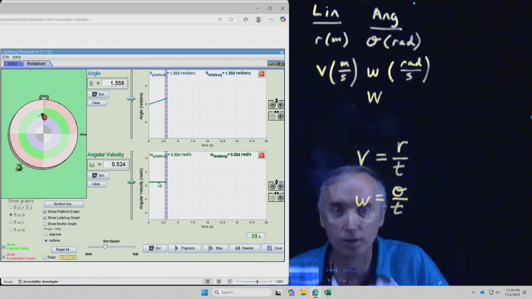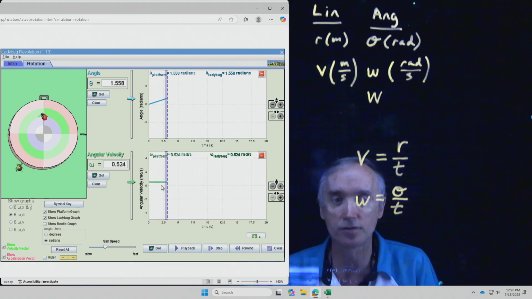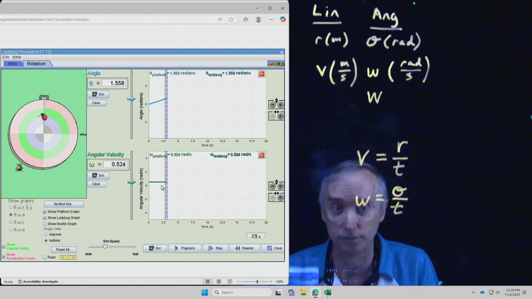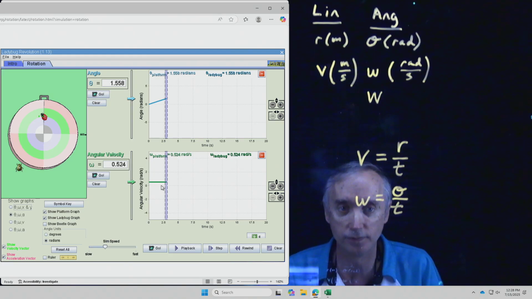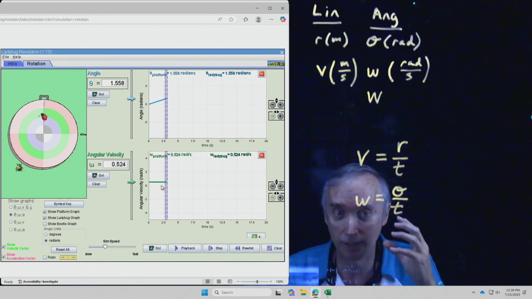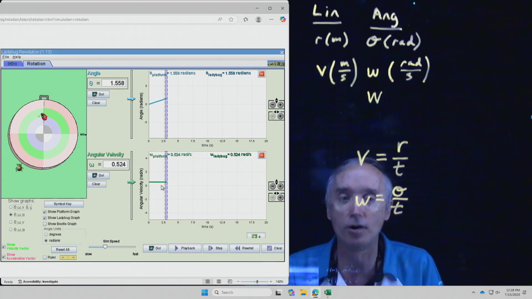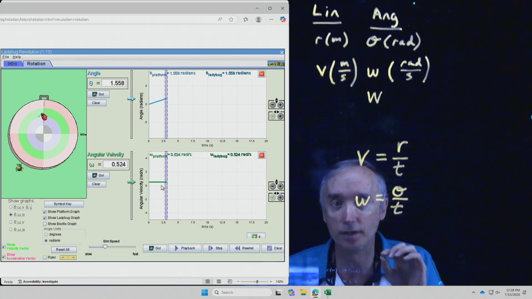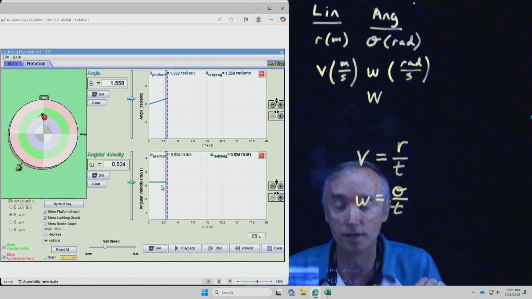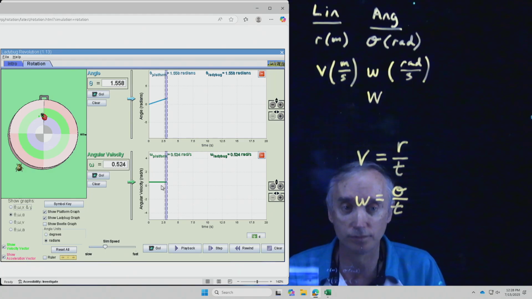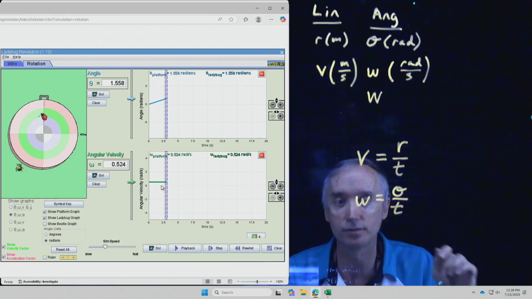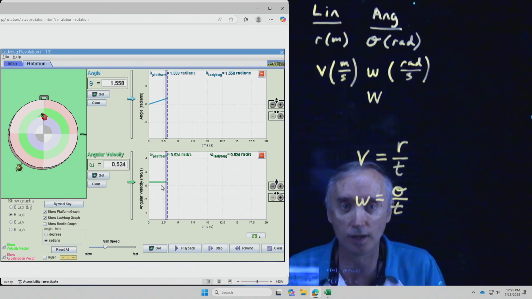And then take a look at this graph. Do you notice anything peculiar about the shape? It is horizontal. Now that should be setting off alarm bells in your head, okay? Anytime on a graph that something is a straight line, something is constant. Something is not changing, okay?